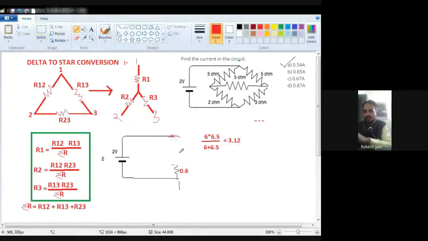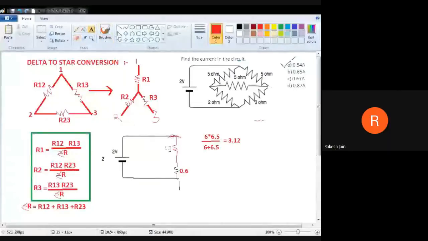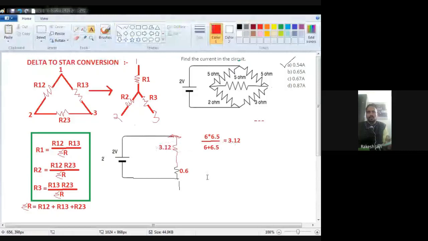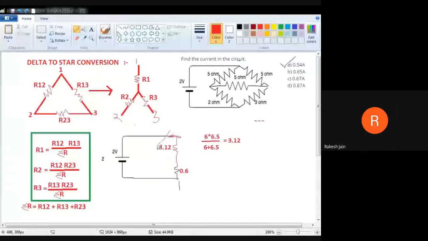Now these two resistances will be removed because they are in series, and instead of them only a single resistance of 6.5 ohm will come.